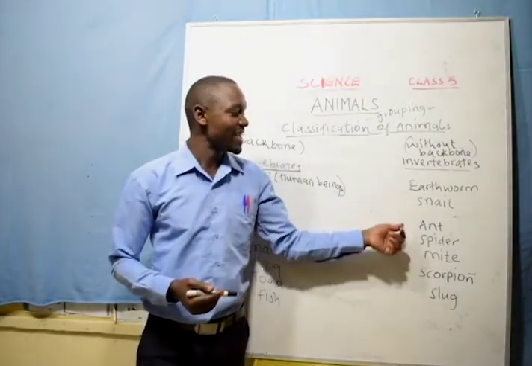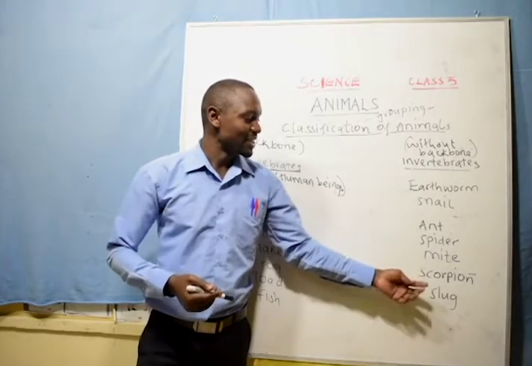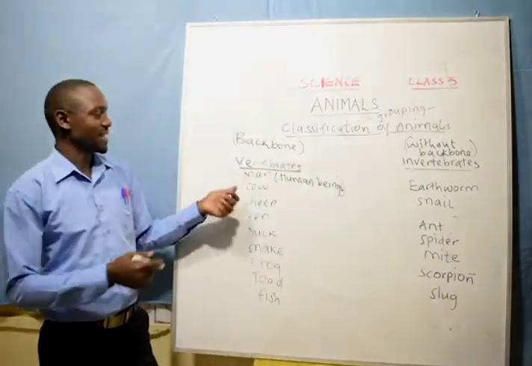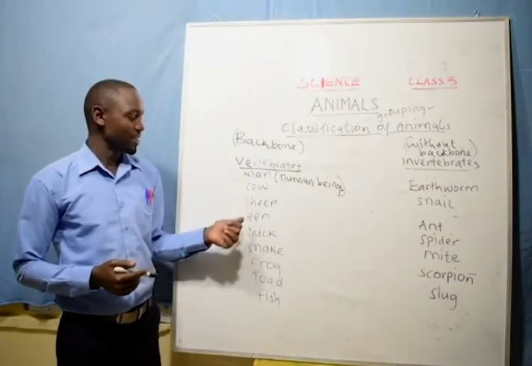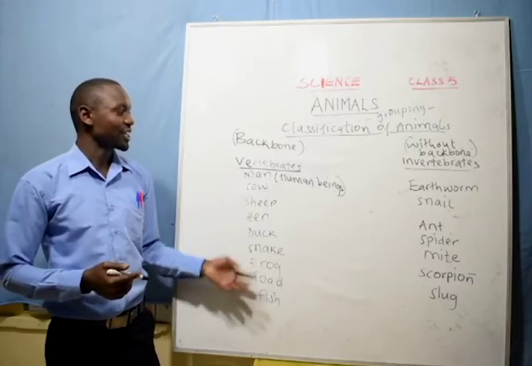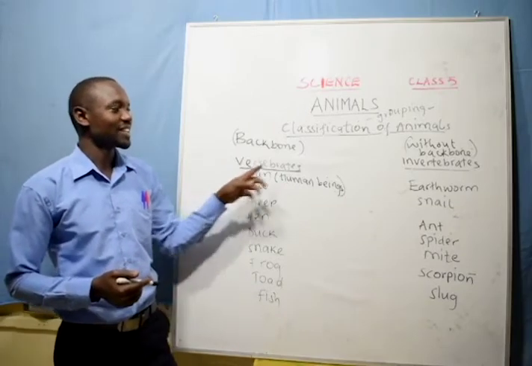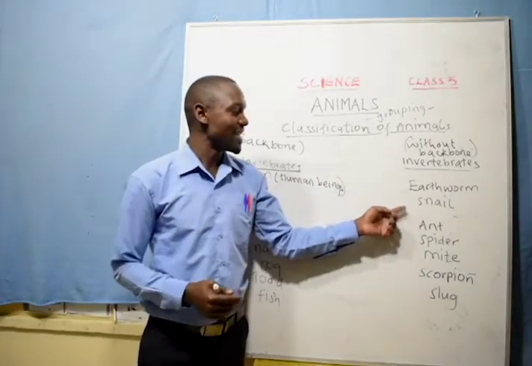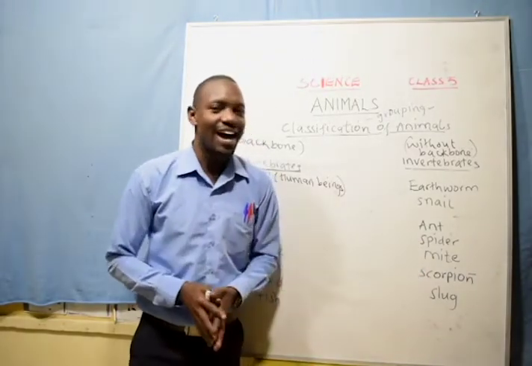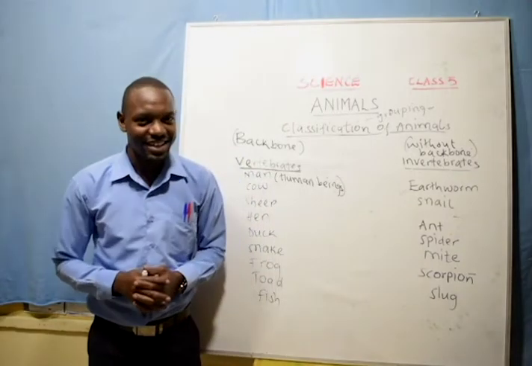Earthworm, snail, and spider, mite, scorpion, slug, are invertebrates.